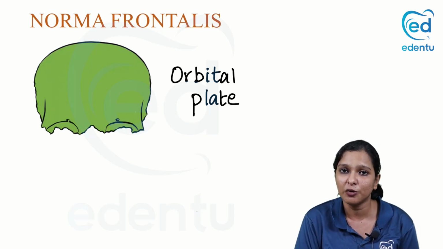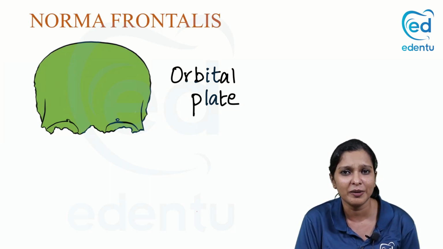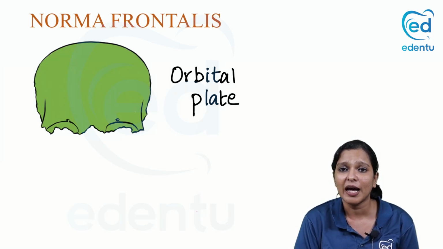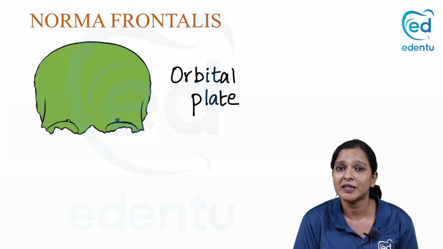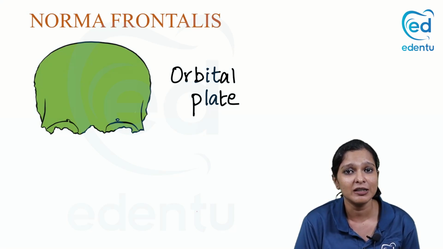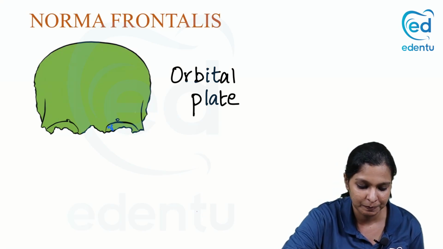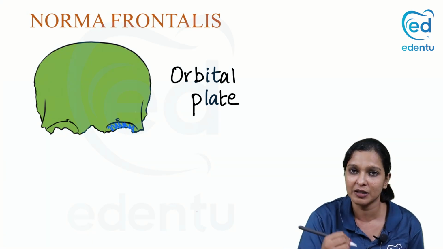This forms the roof of the orbit. What is orbit? Orbit is the bony cavity in which the eyeball and the muscles, nerves, vessels, all of that related to eyeball is placed. Okay, so that is orbit, and this surface is called as the orbital surface, like here.